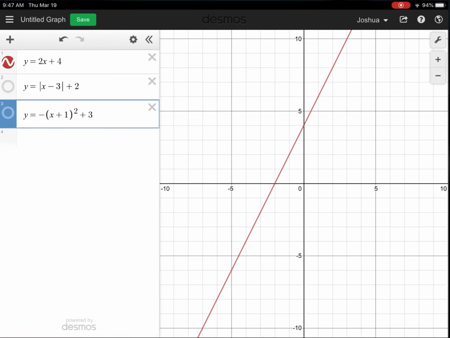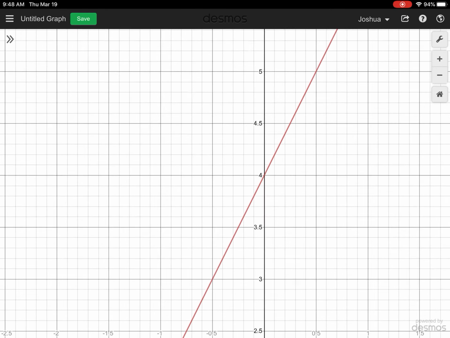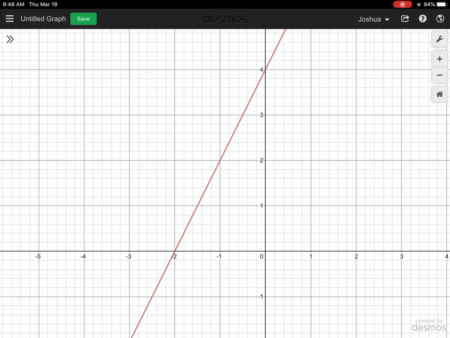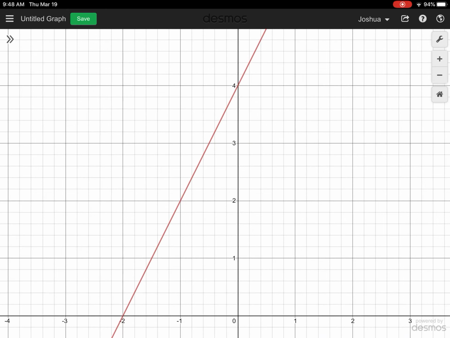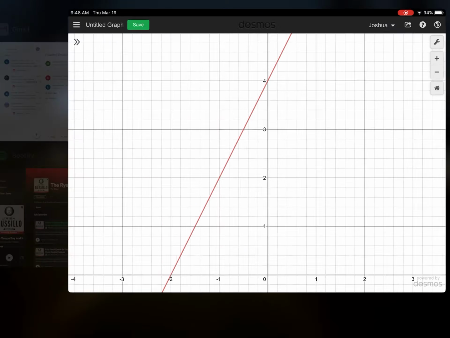I'll just work with this one real quick here. You can see it is a linear function, so that's what we look for first. We see that our y-intercept is at 4. And then we can look for other key characteristics like the slope on this one. We know that we want to put this in slope-intercept form. So our y-intercept is at 4, and it looks like our slope is going down 2 over 1 to the left.